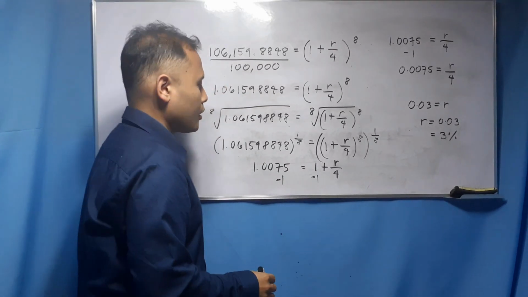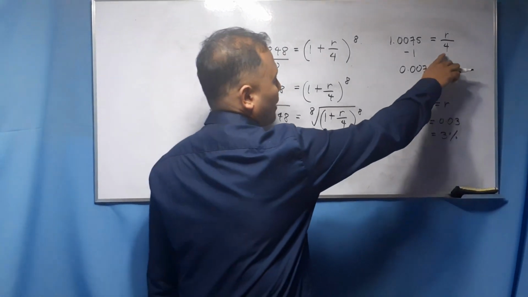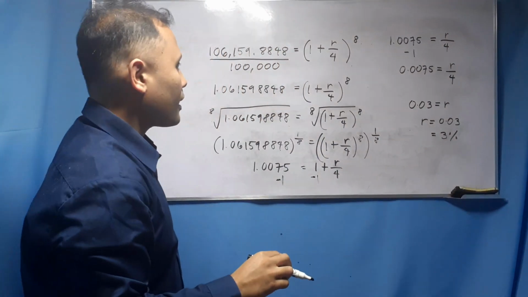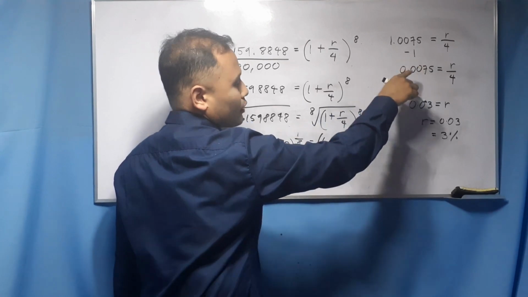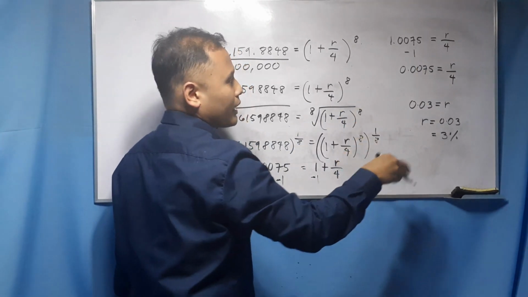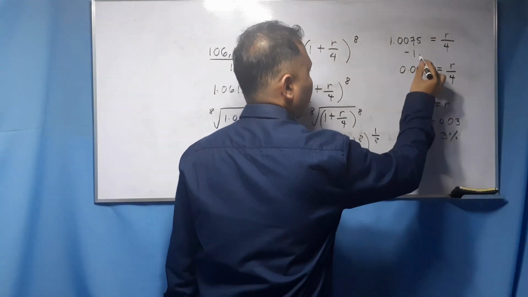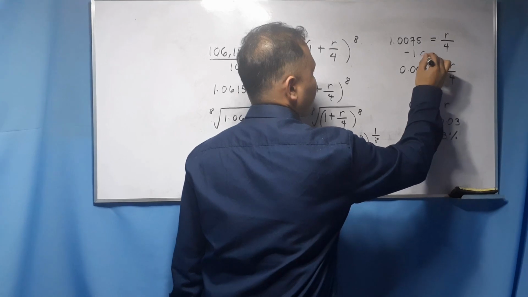Because of this process, in the right hand side you only have the single term R divided by 4, and in the left hand side we have this minus 1. Take note that 1 is also equivalent to 1.00, followed by many zeros.